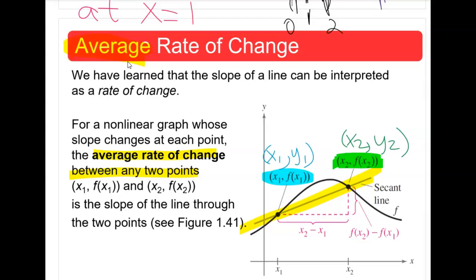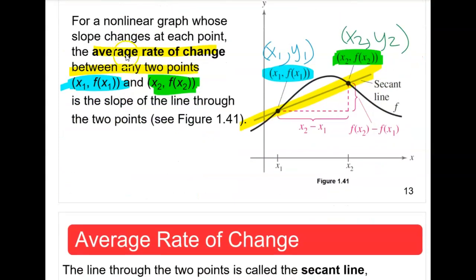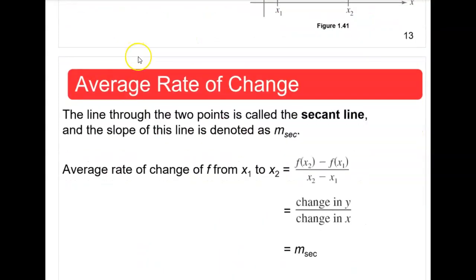Going back to the formula that we had for the slope of a line, that used to be y sub 2 minus y sub 1 over x sub 2 minus x sub 1.